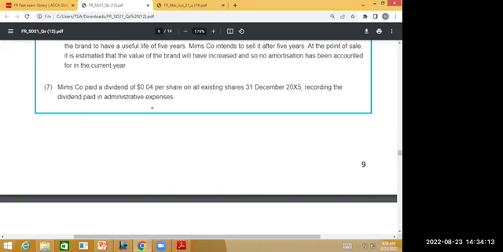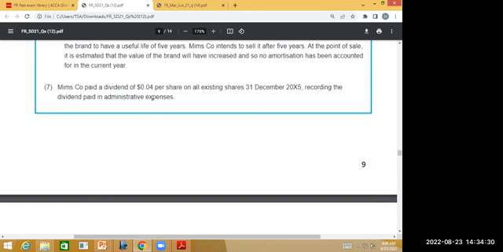The correct accounting treatment is that it should be adjusted against the retained earnings rather than charged as an expense in the income statement. So you need to remove the dividends from the administration expense and charge them to the retained earnings.